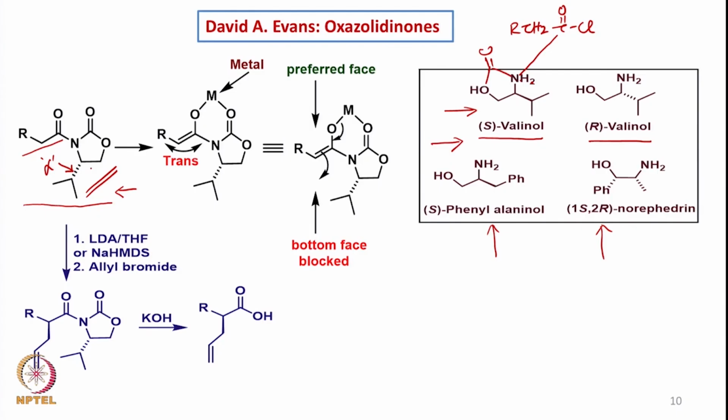So this is how various kinds of chiral auxiliaries from different amino acids have been reported, and of course this is norephedrine, and the corresponding oxazolidinones can form. So let us see what we can do with it.